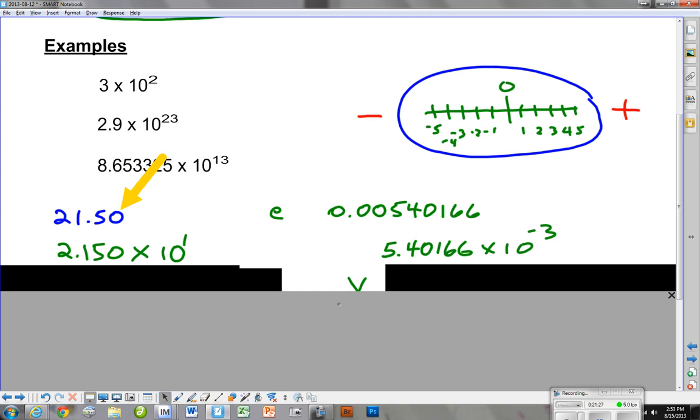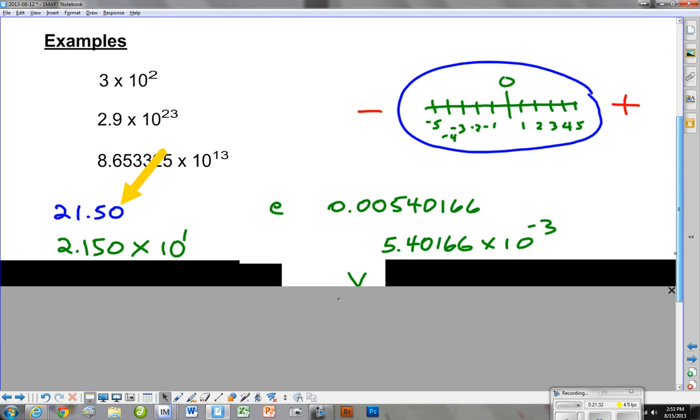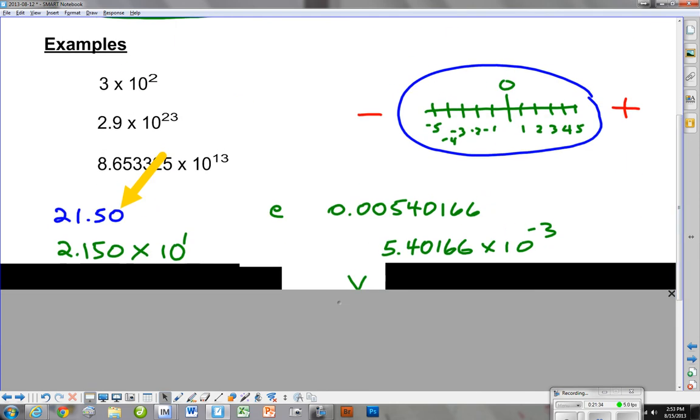No, then it's not scientific notation. What's the definition of scientific notation? The question was, could you write 2,150 to the power of -4? Right? -2. Yeah, right. Okay. -2. Then it's not scientific notation.